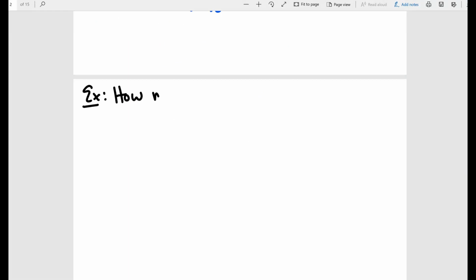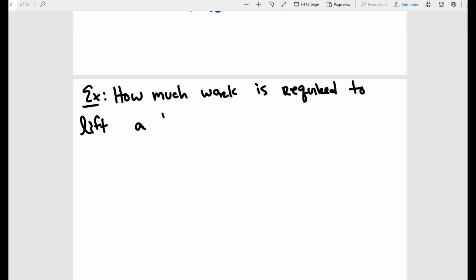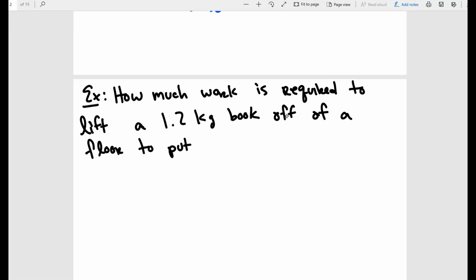How much work is required to lift a 1.2 kilogram book off of a floor to put it on a desk that is 0.7 meters high?